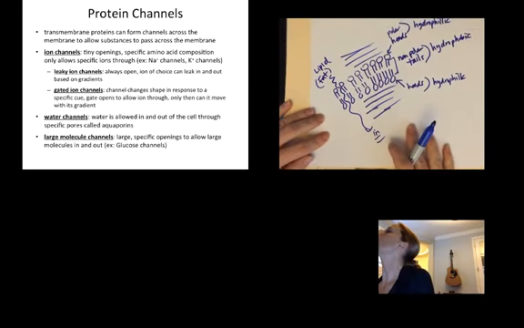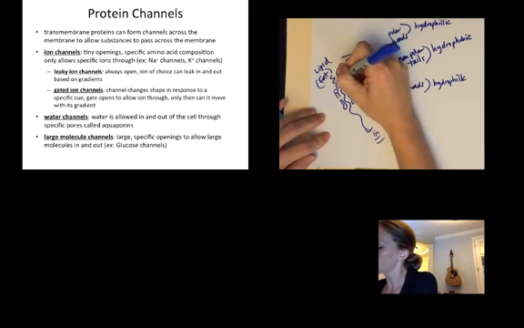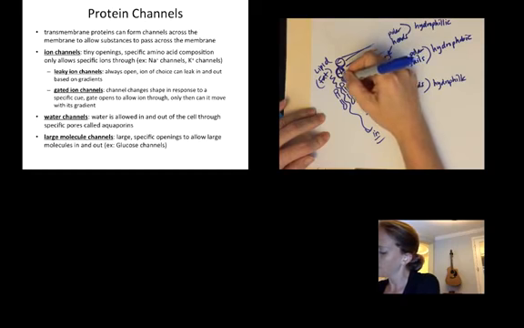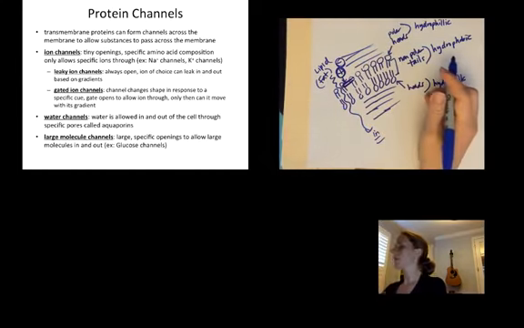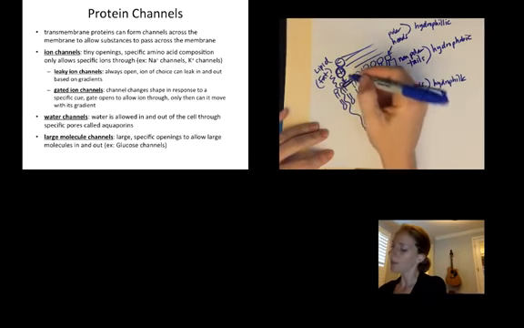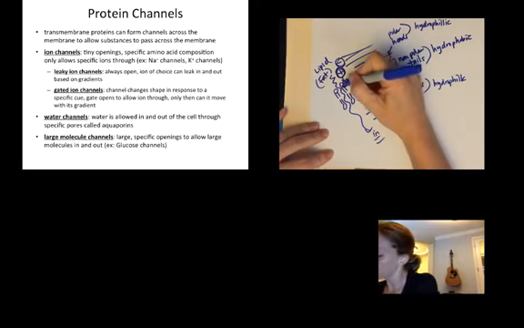If, on the other hand, you have a molecule that is charged or polar, it will get stuck on the outside of the cell. It will not be able to get into the cell. The only way this molecule can get into the cell is if we open up a door for it in a protein channel.